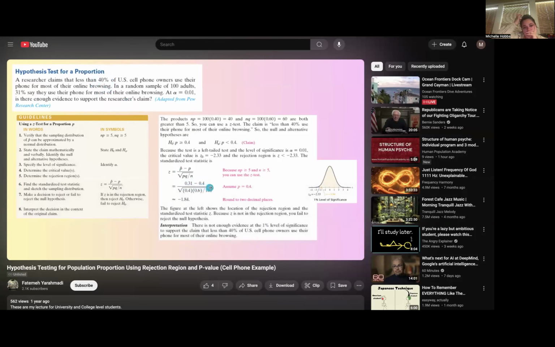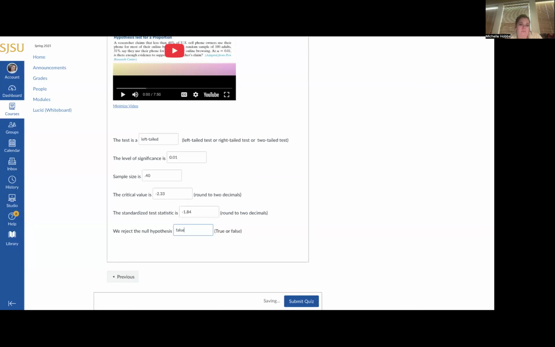So 31% minus 40% divided by the square root of p is 40%, q is 60%, divided by 100. This number, rounded to 2 decimal places, is negative 1.84. But comparing these two numbers, negative 1.84 is not less than this number. It's larger than this number. So it means that your standardized test statistic is outside the rejection region.